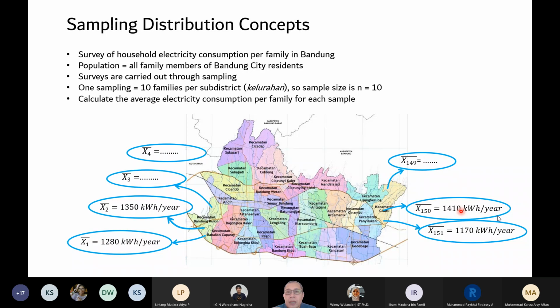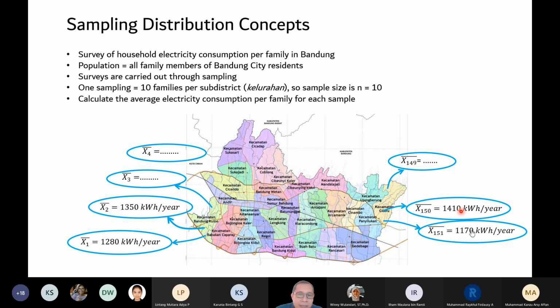So the raw data will be 10 households times 151 kelurahan, so we end up with 1,510 individual data, which are the annual electricity consumption of each household.